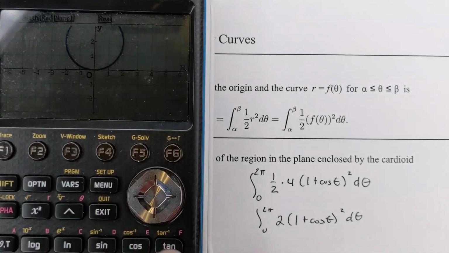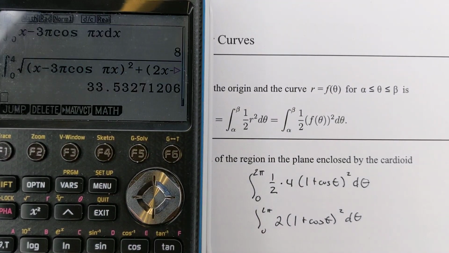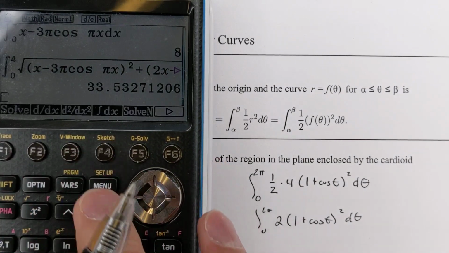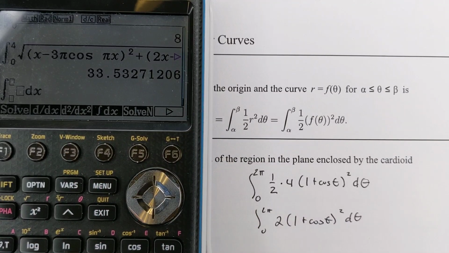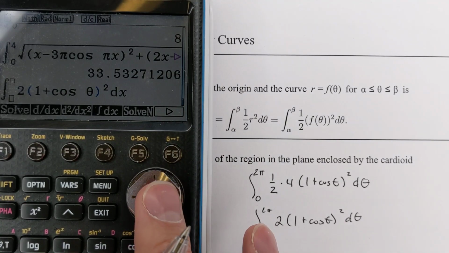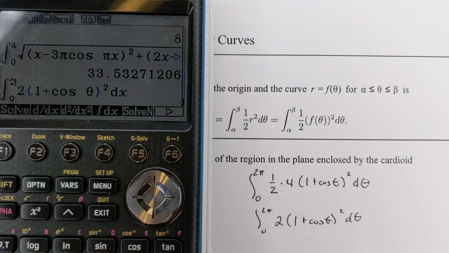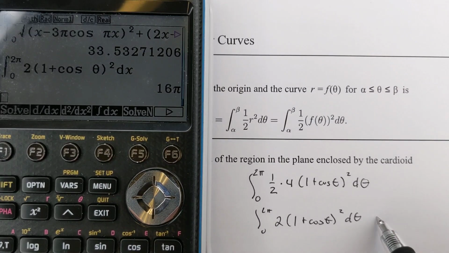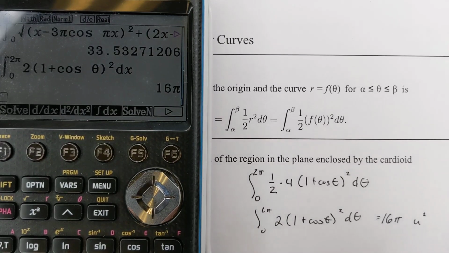And then we go to our calculator. Menu, option calc, the integral of 2 quantity 1 plus cosine theta squared from 0 to 2 pi gives us 16 pi units squared.